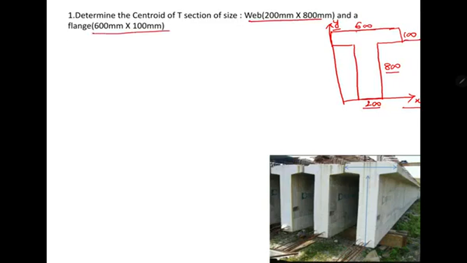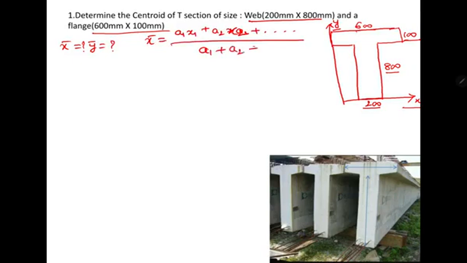Now we need to calculate x bar and y bar. We have the formula for any plane figure: x bar is equal to a1x1 plus a2x2 divided by a1 plus a2, etc. Just look at the figure.